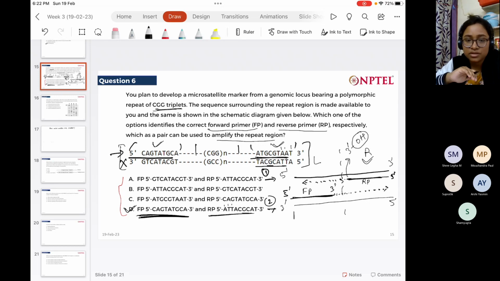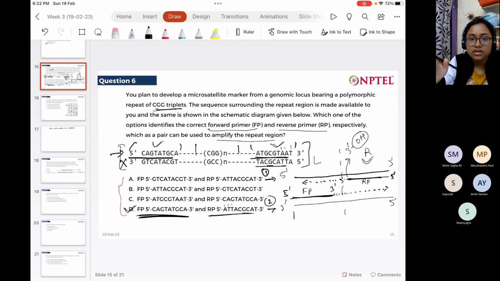PCR is just mimicking what happens inside the cell. We are doing it artificially in a thermocycler machine, adding all the ingredients and asking the process to happen. The enzyme is given, so it is a catalysis process. A simple polymerization reaction will happen in the presence of an enzyme. So don't use the terms leading or lagging strand here.